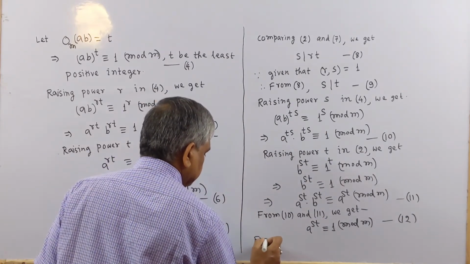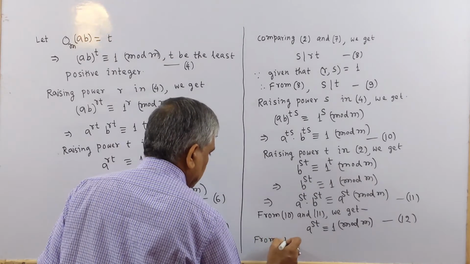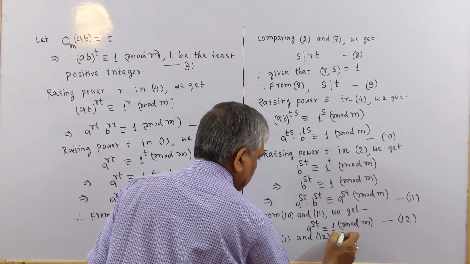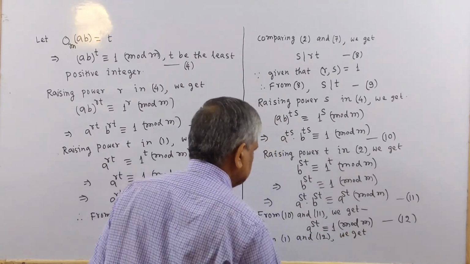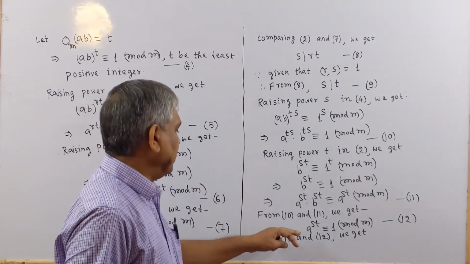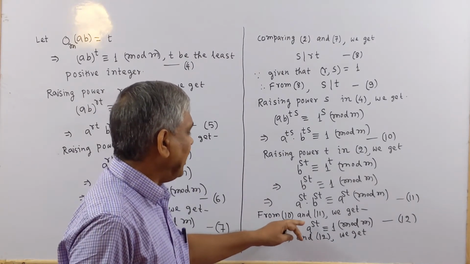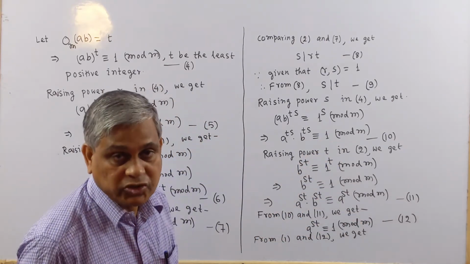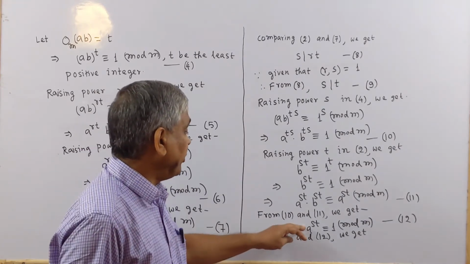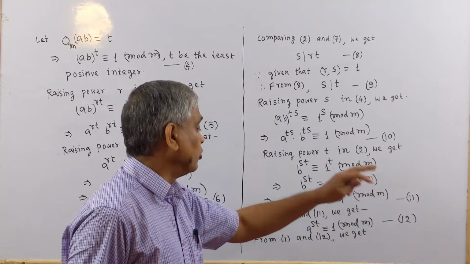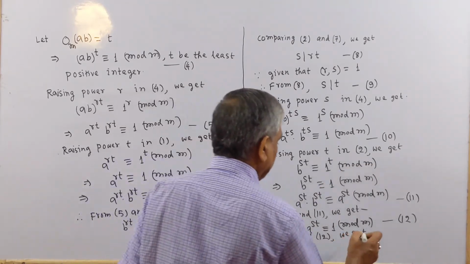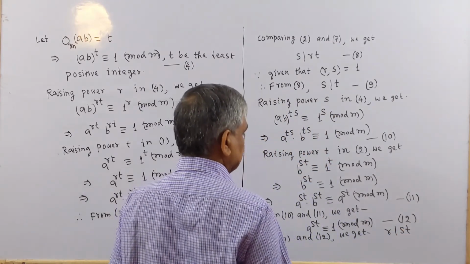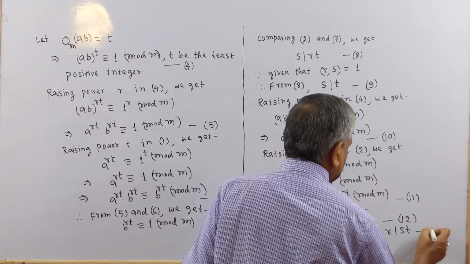From 1 and 12, we get in 1 a to the power r is congruent to 1 modulo m, where r is the least positive integer. Here a to the power st is congruent to 1 modulo m. Therefore, r divides st. Let this be number 13.